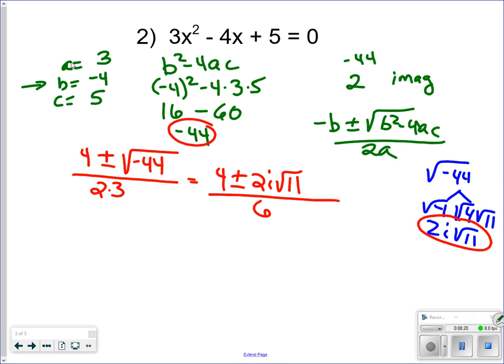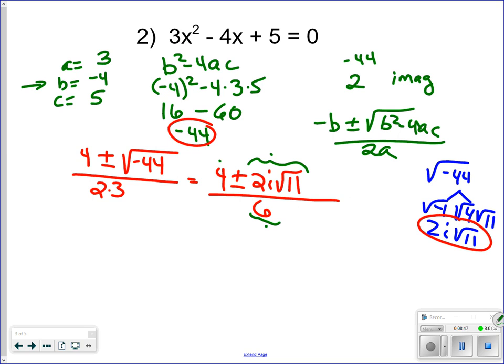When you look at these three pieces, you have the number 4, you have 2i square root of 11, and you have the 6. Those are three pieces. If each of those three pieces has something in common, you can reduce that fraction. So do you notice that 4, 2, and 6 all divide by 2 nicely? So we want to reduce this.